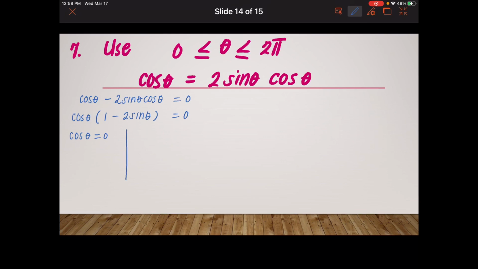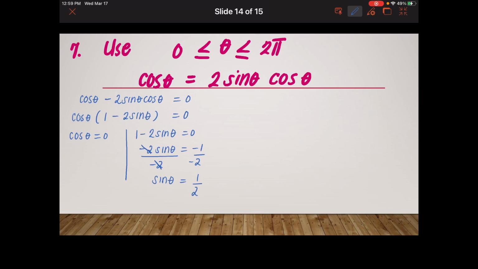And the other factor is 1 minus 2 sine theta is equal to 0. Then I'll just solve for sine. So negative 2 sine theta is equal to negative 1. Then I divide both sides by negative 2, so that I will be left with just sine theta, which is equal to positive 1/2.